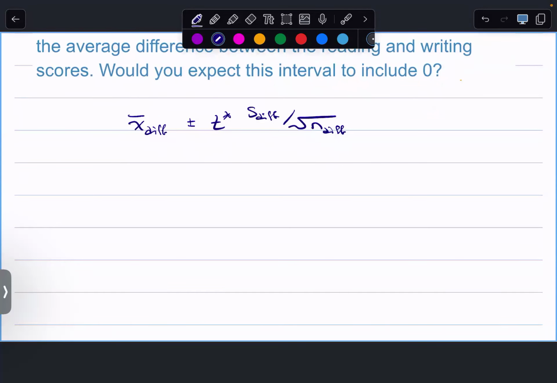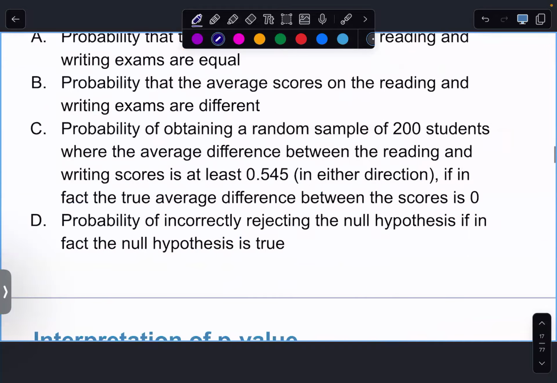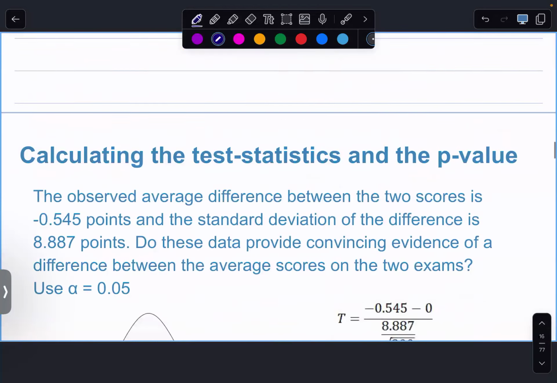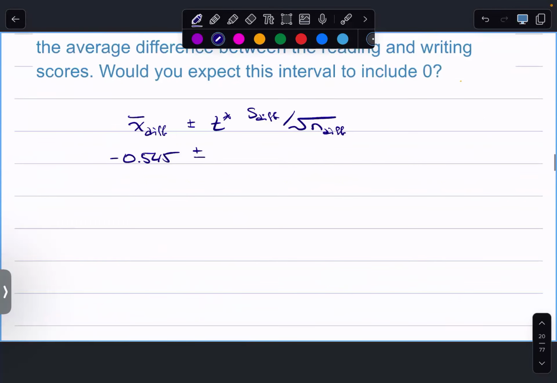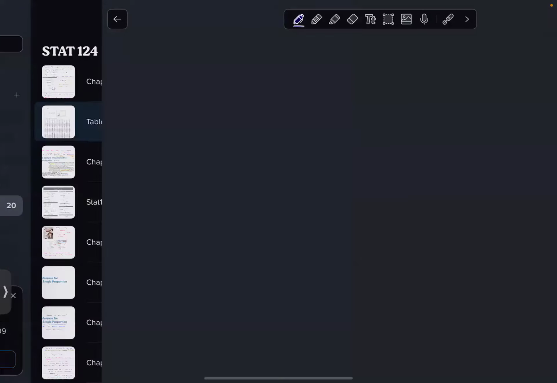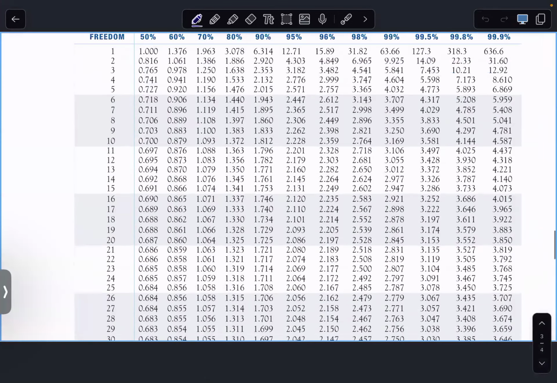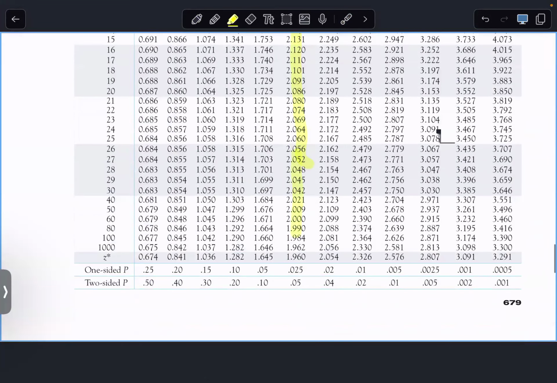X bar diff I have from before is negative 0.545 plus minus T star at 100 degrees of freedom. Let's see, where's that little table? I think maybe we're grown up enough for me to just show you on the table and not do a screenshot because it's kind of annoying. I want a 95% confidence interval, which means here.